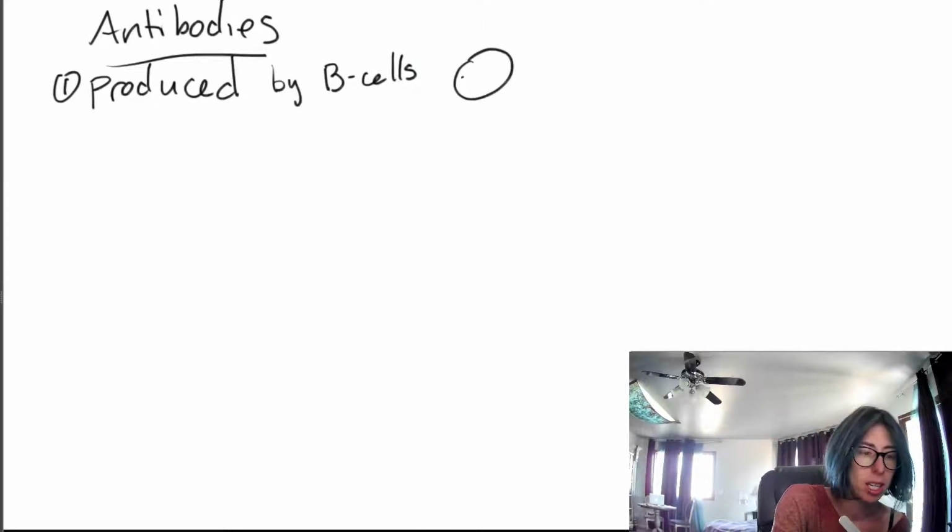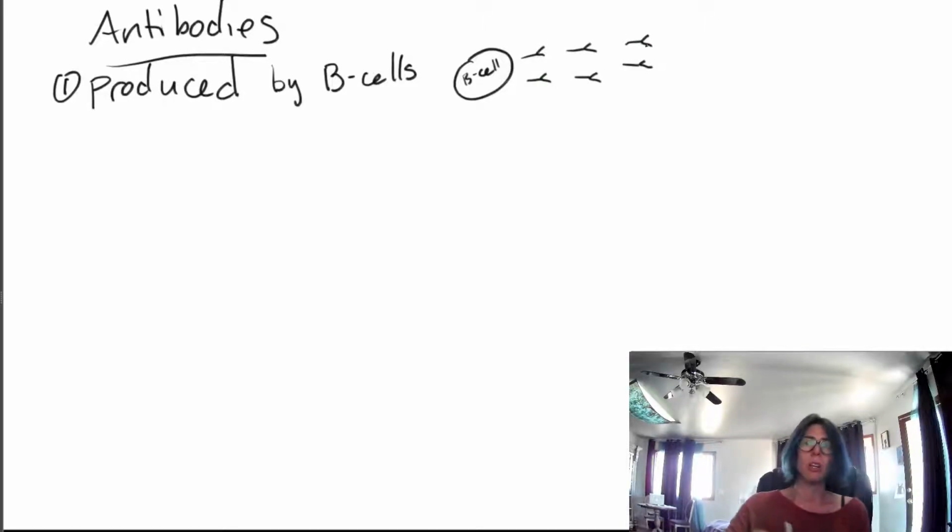So we can say that this is a B cell, and what B cells do is they spit out these little chemical weapons called antibodies into the body fluids to fight disease. So antibodies are responsible for identifying foreign bodies, and foreign bodies that enter your body are assumed to be pathogenic.